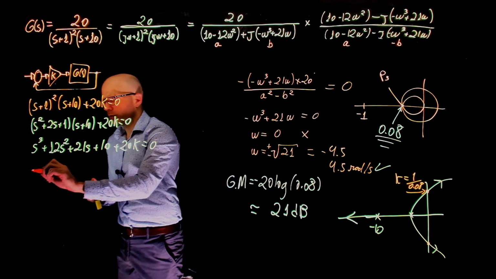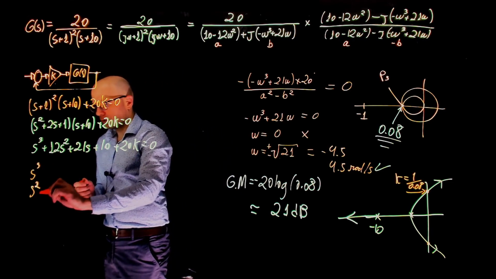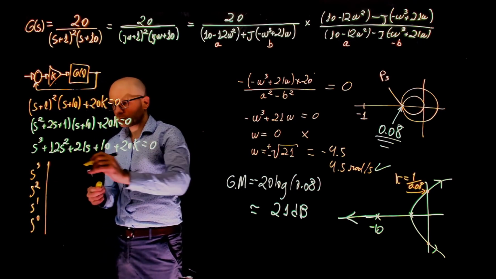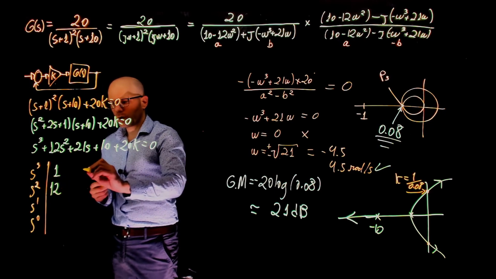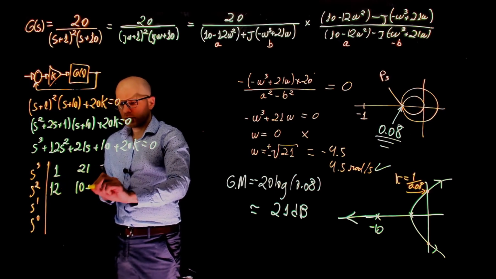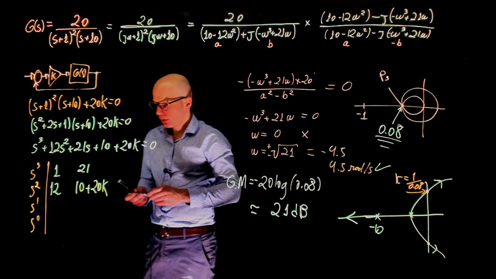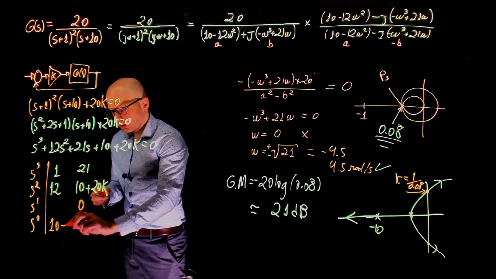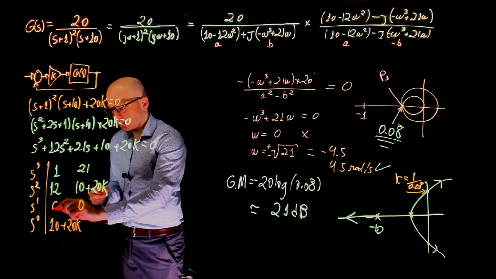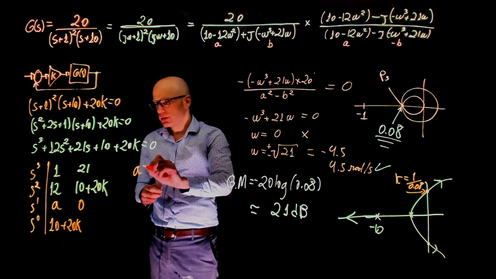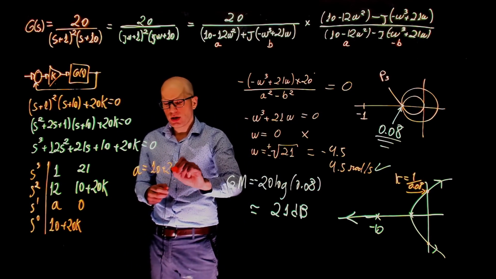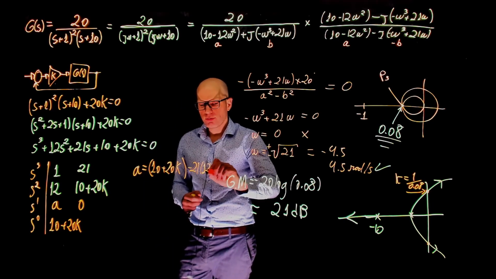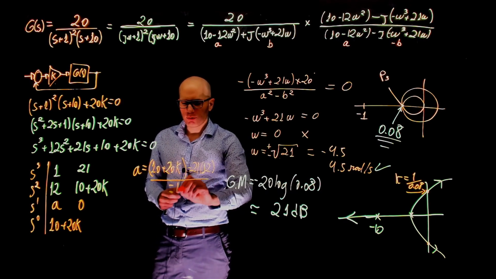Now we can do the Routh Hurwitz array, S3, S2, S1, and S0. Here we have 1, 12, 21, 10 plus 20k. This value here is 0, so this value here is 10 plus 20k, and this value here will be A. A is 10 plus 20k minus 21 times 12, divided by -12.